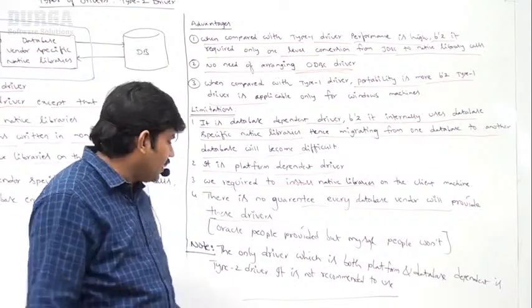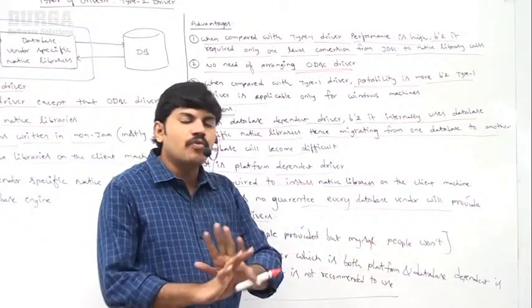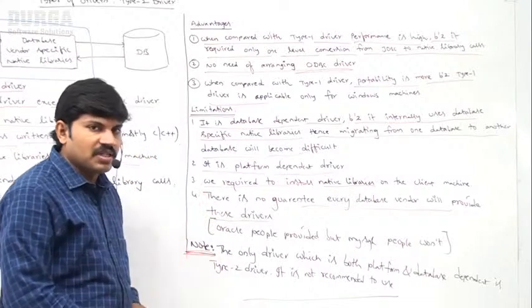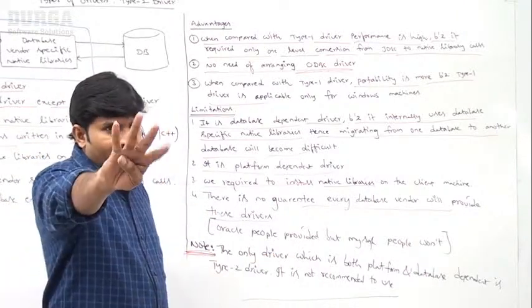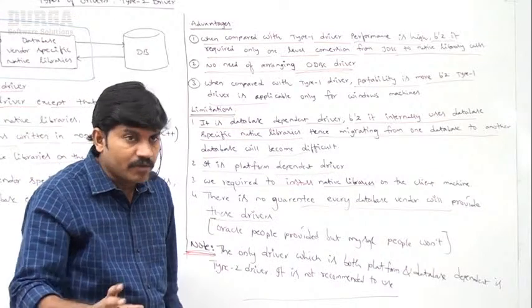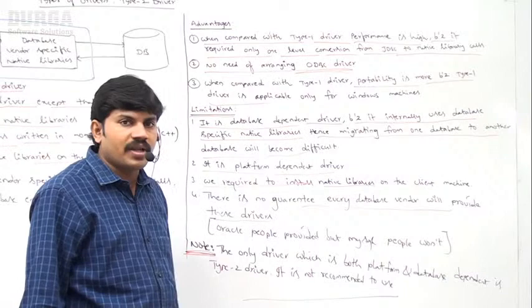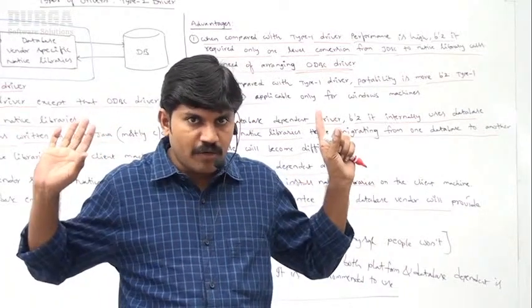Is it clear? Now, the very important point: the only driver out of all 4 drivers that is platform dependent and database dependent is the type 2 driver, which is never recommended to use. Clear for all of it?